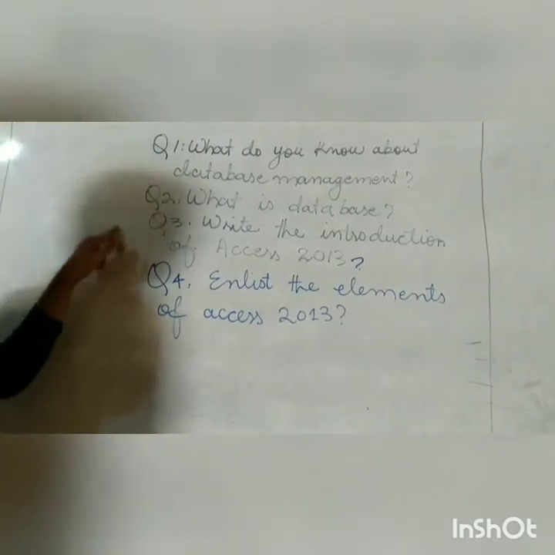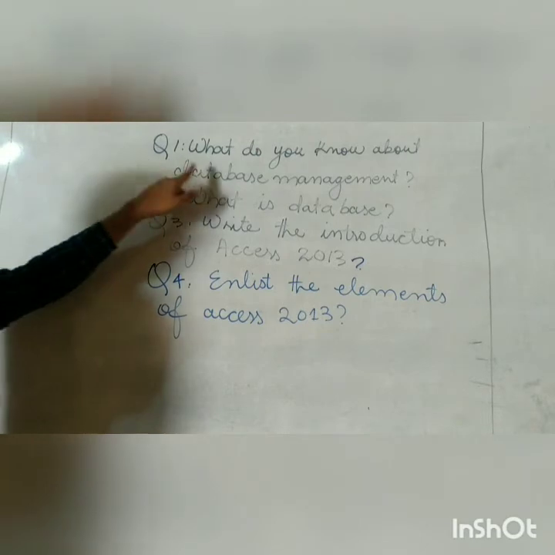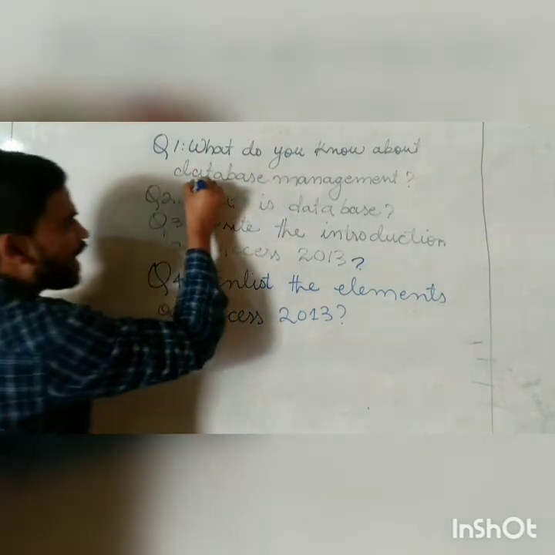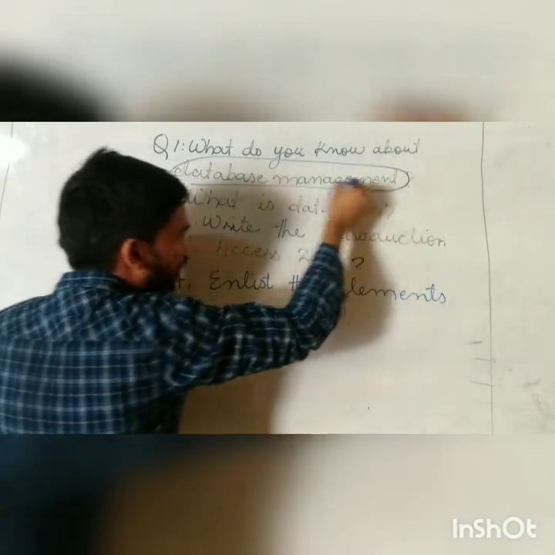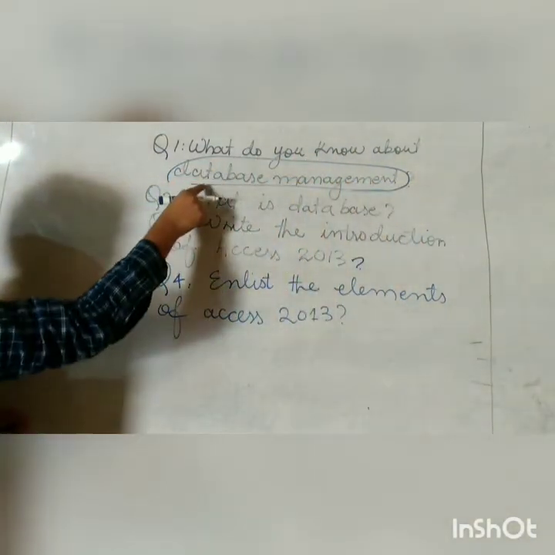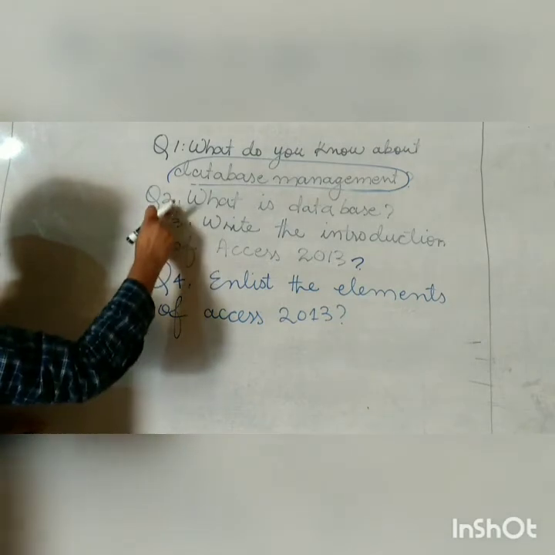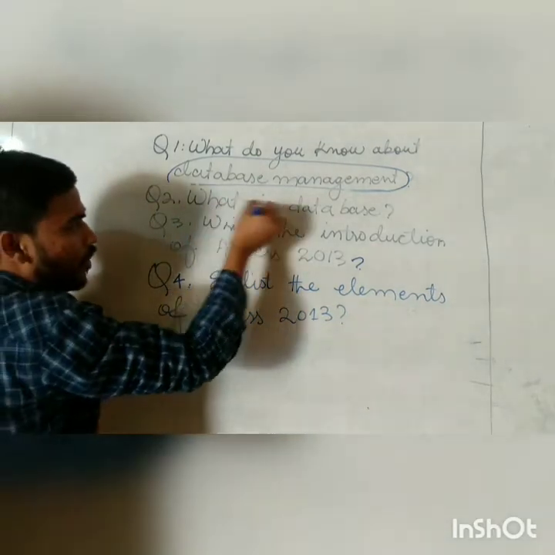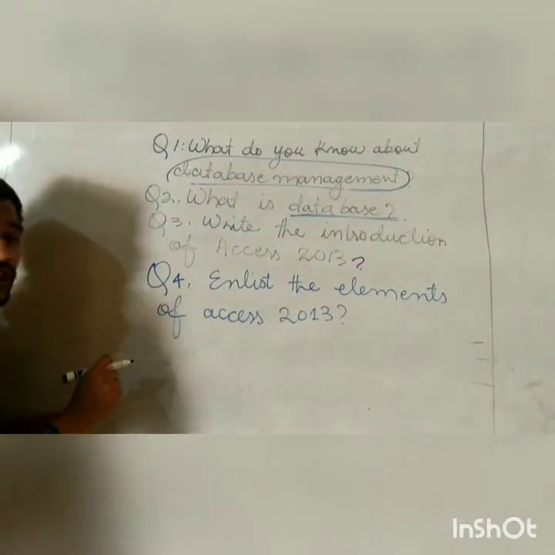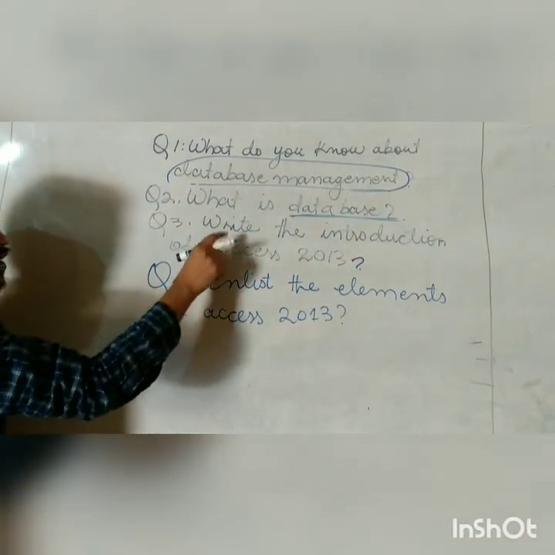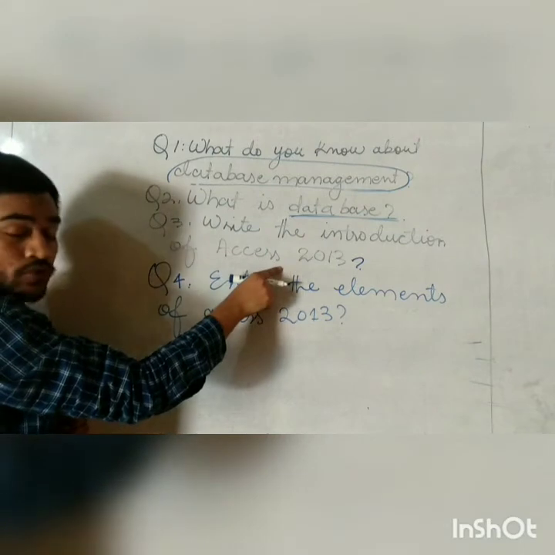Students, look at your homework. In the first question, what do you know about database management? Class, I want the definition and complete description of database management. In the second question, what is a database? What is the actual definition of database? In the third question, write the introduction of SS 2013.